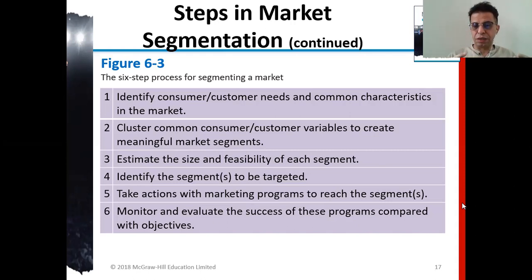Then we estimated the size and feasibility of each segment, and we found that the government universities are more numerous and have better funds. So we segmented that way because our product is high end. And after we identified the segment to be targeted, we took action with a marketing campaign to reach this segment.